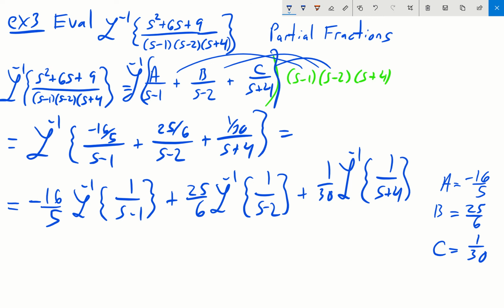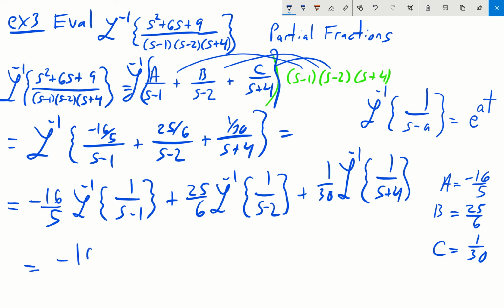And now what we can do is invoke our basic inverse Laplace rule. If you recall, the inverse Laplace operator of 1 divided by s minus a is equal to e to the at.